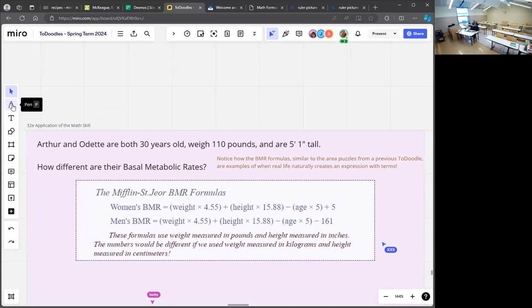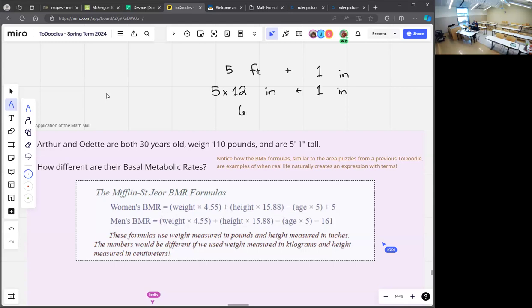So if I'm 5'1", how many inches tall am I in just the inches? I have 5 feet plus one more plain inch. That's what 5'1" means. Each of these 5 feet has 12 inches. We just saw that with the ruler. So this is a 5 times 12 of inches plus one more.